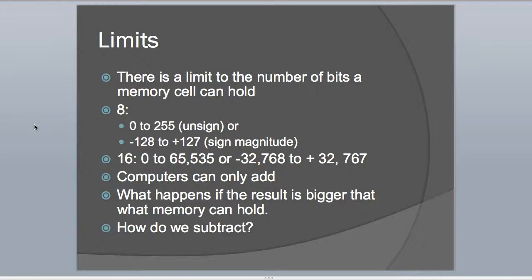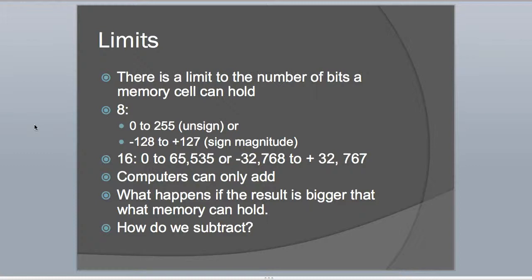But if we decide that we want to use both positive and negative numbers, we're going to have to basically divide that by 2, which means that the lowest number that we can represent is negative 128, and the highest number that we can represent is positive 127.